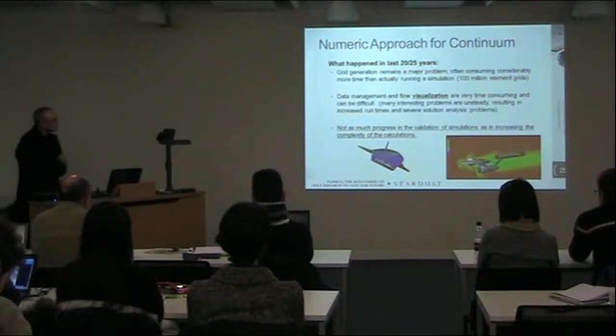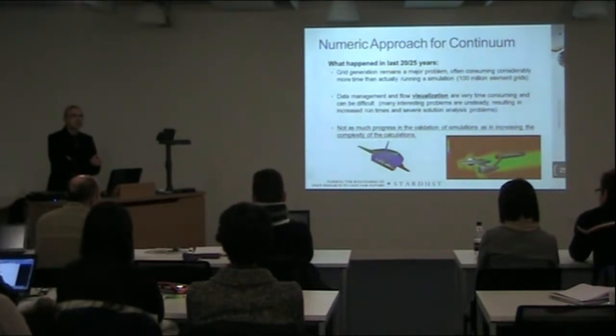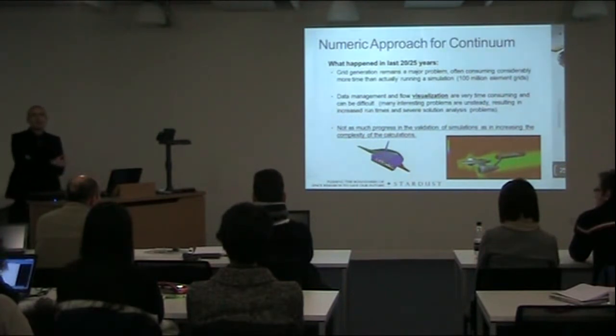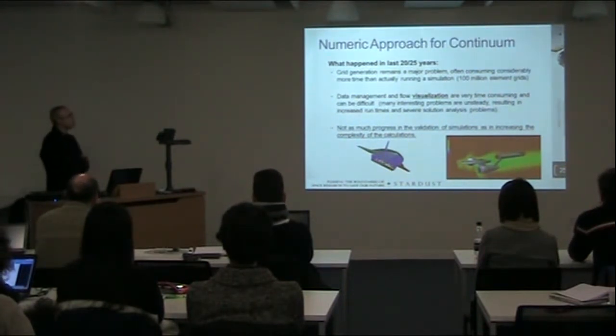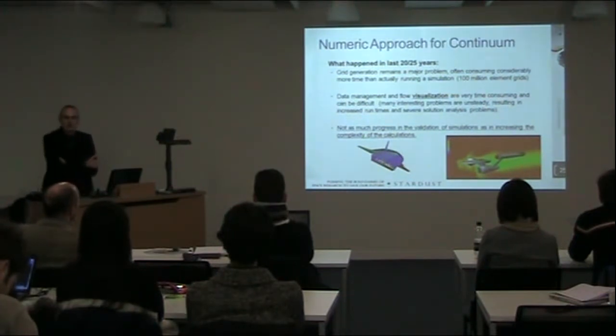Now the aim of industries and research centers is to solve the flow around entire vehicles with meshes which can easily arrive at hundreds of millions of points, and with geometries and shapes which are really complex to make.